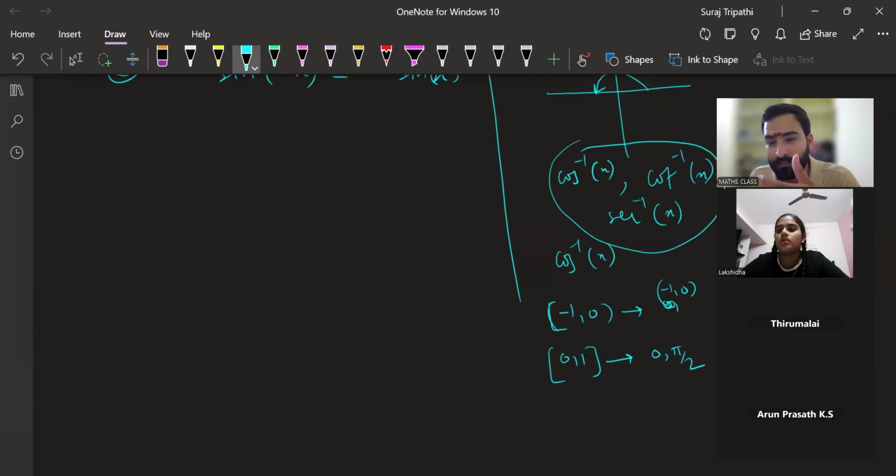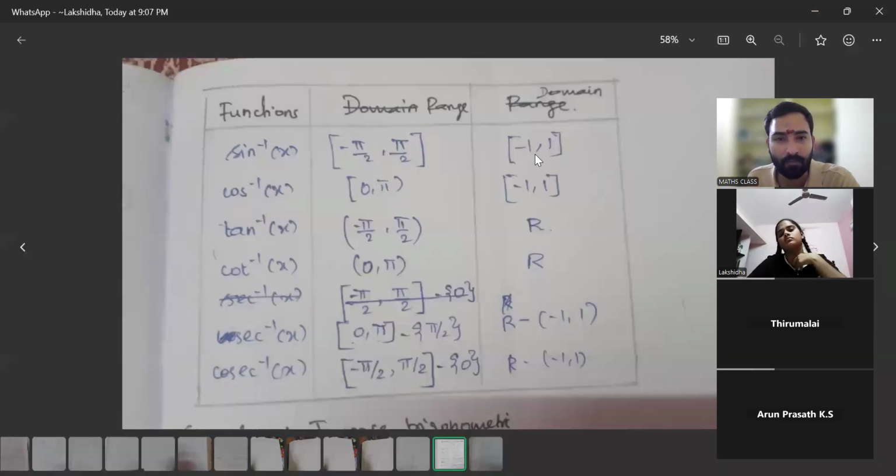And for the rest, if x is negative, then the angle also will be negative. Just see here this one.